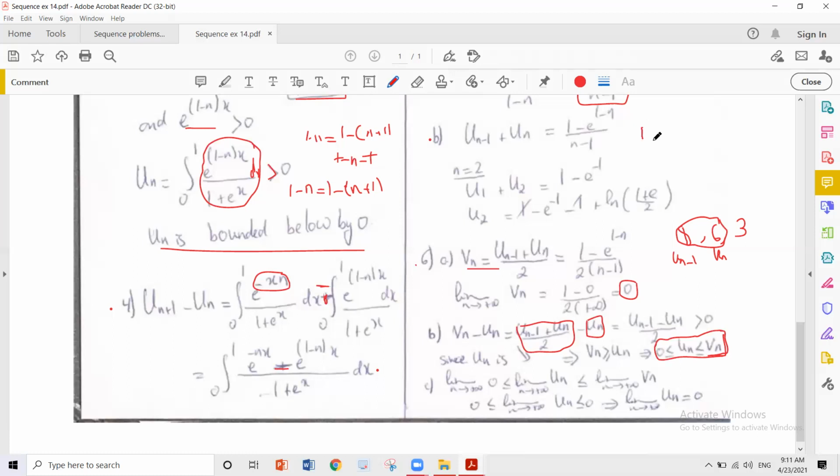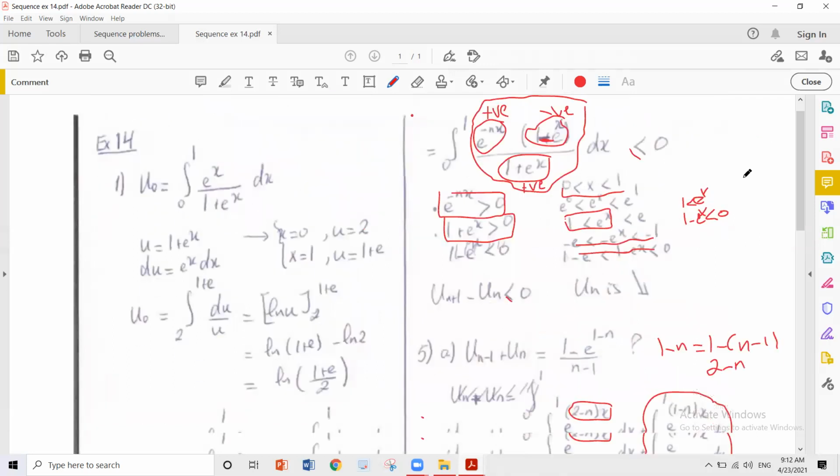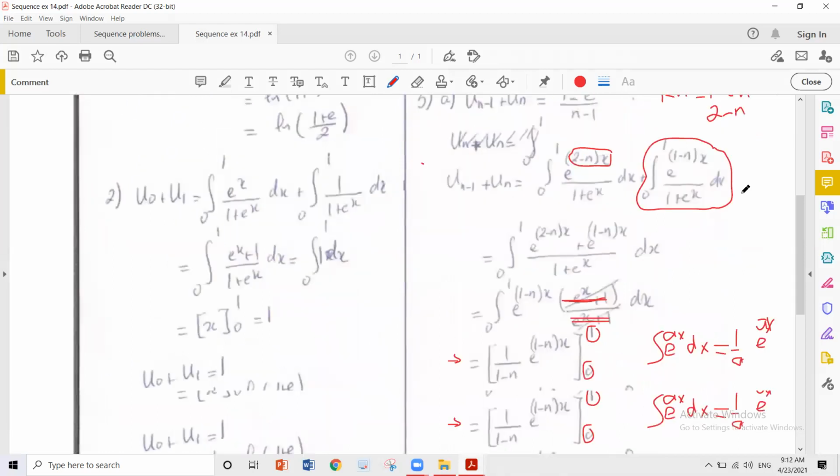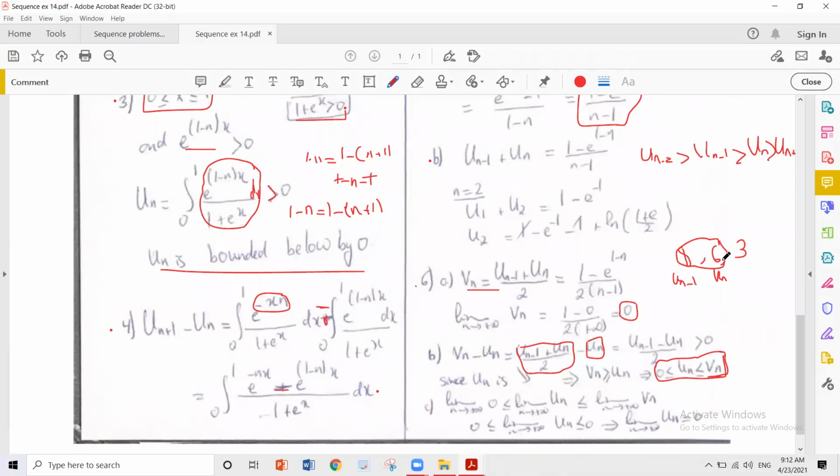Decreasing means un minus 2 is greater than un minus 1, which is greater than un, which is greater than un plus 1, etc. This means decreasing.